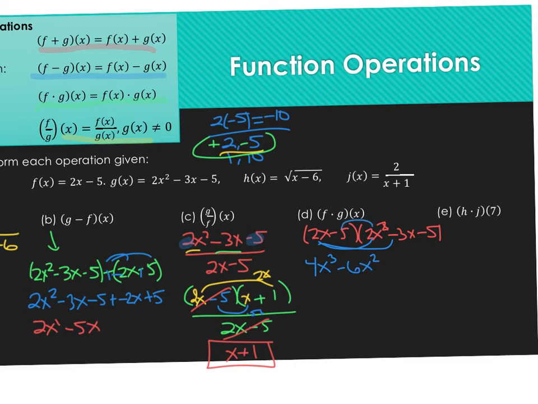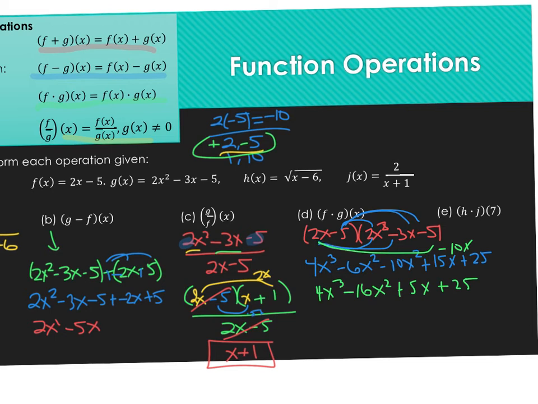Negative 5 times 2x squared is negative 10x squared. Negative 5 times negative 3x is positive 15x. And negative 5 times negative 5 is positive 25. And we clean it up. So 4x cubed minus 16x squared. I think I missed a negative 10x. I never multiplied this guy, so I'm going to squish it in there. Plus 5x plus 25. And that's it for that one.